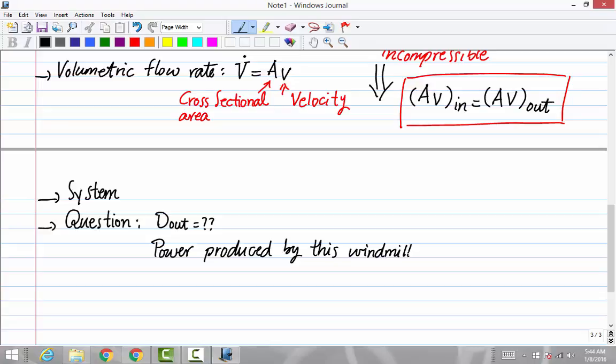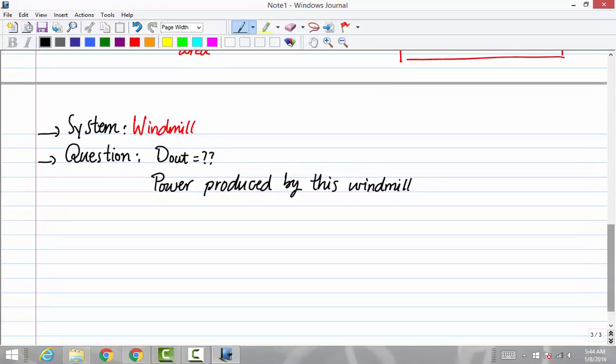So it's telling us to pick the windmill as our system. That's it. If you just pay attention to the text, then you can easily find what the system should be, and then you can determine whether it's a control mass or control volume. In this case, we are talking about a steady flow passing through a windmill, passing through the diffuser. So we are interested in a region, in a domain.